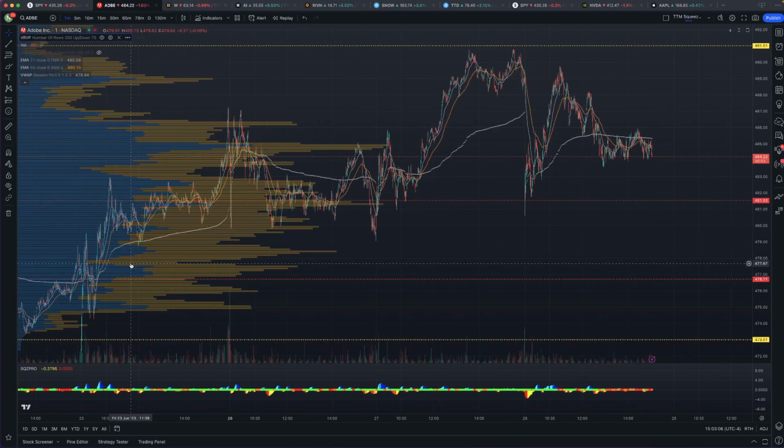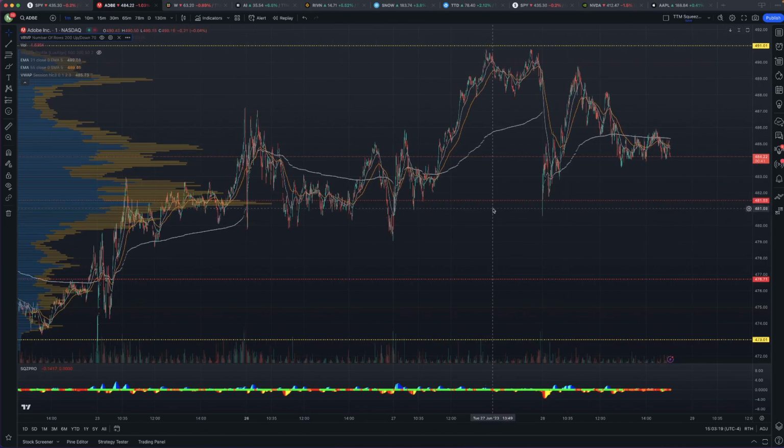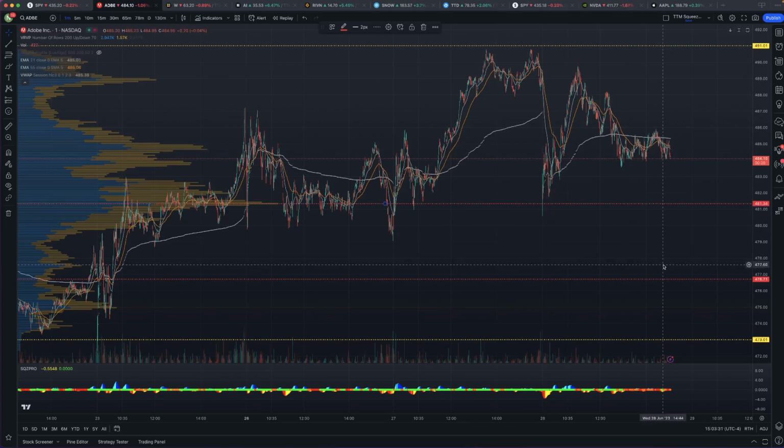But this will change as I show more of my chart. And this is how we can decide who we want to look at when we're playing those people. And you can see this level I put in here at 481.51 is very, very close to what would be the actual point of control for this section of buyers and sellers at 481.36.